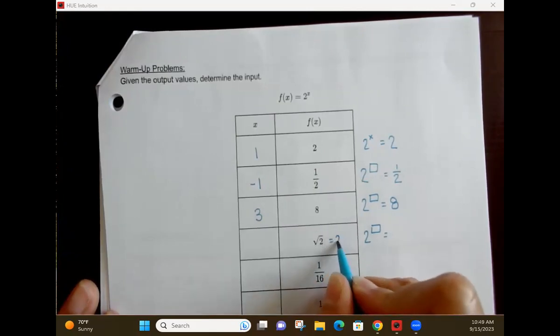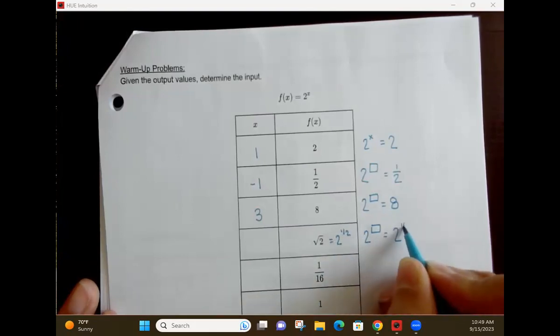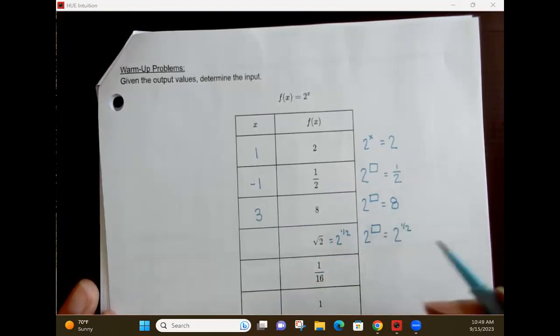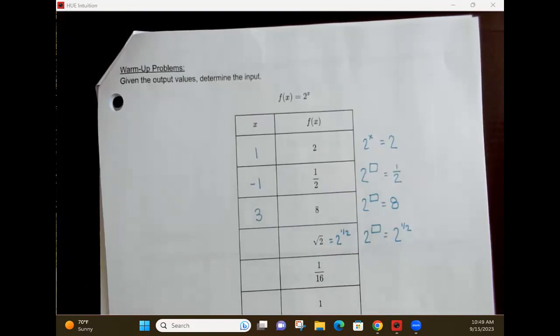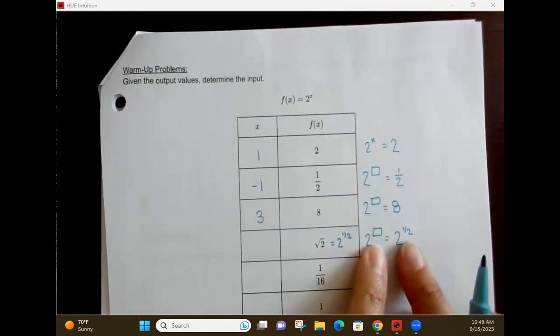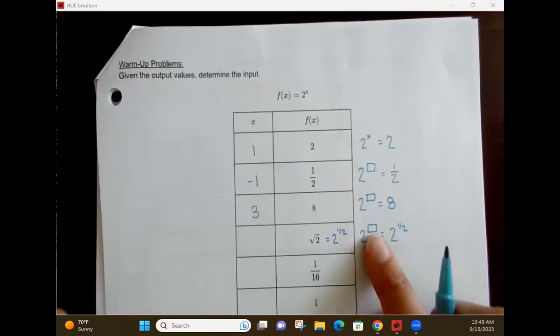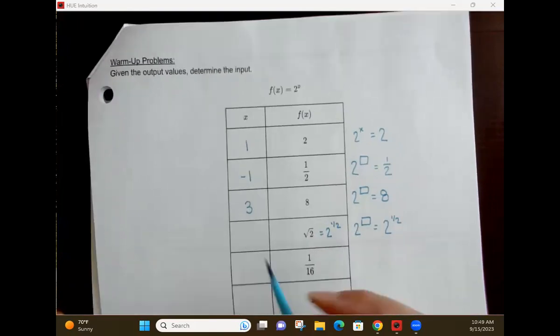Remember that the square root of 2 we could also write as 2 to the 1/2. So what has to go here so that I get 2 to the 1/2? If the sides are equal, what do we know about the exponents? They have to be the same, right? So 2 to the what? 1/2.